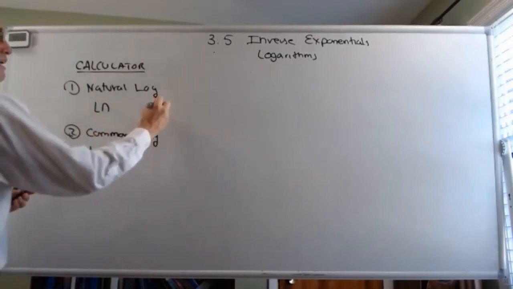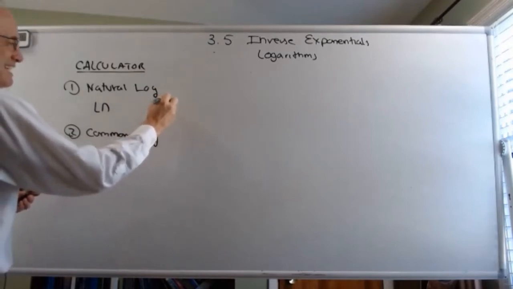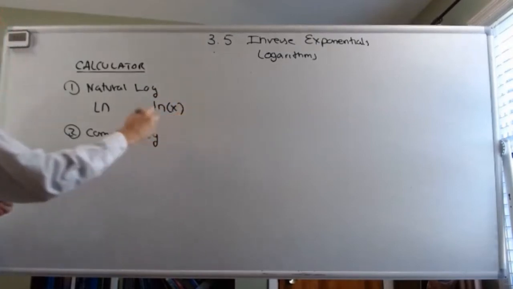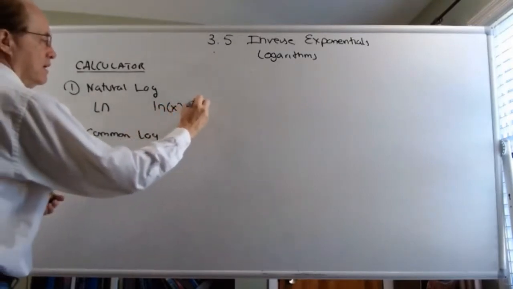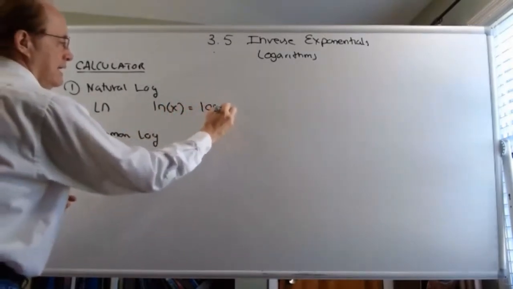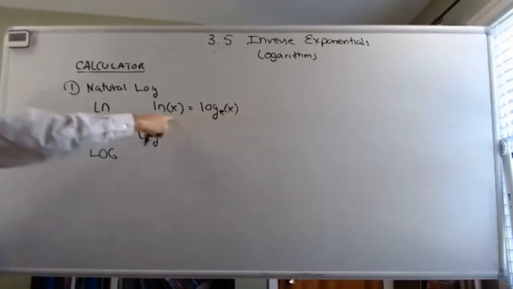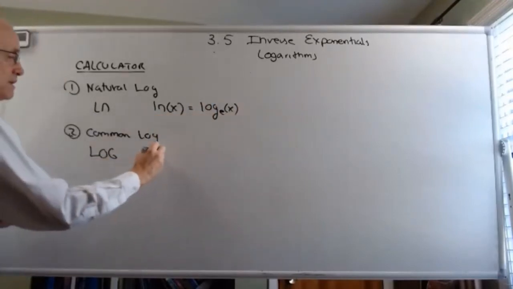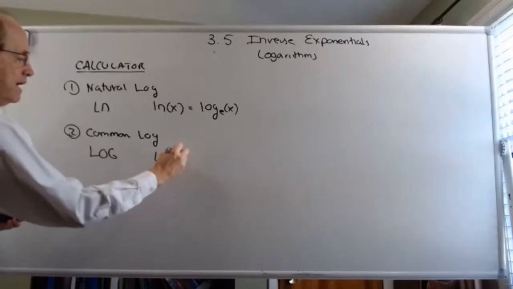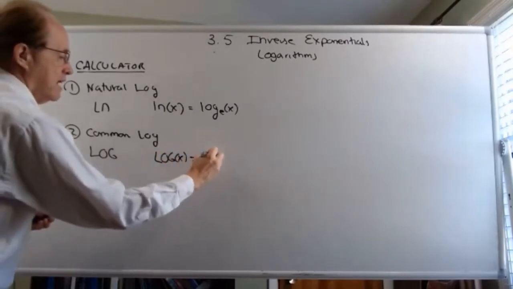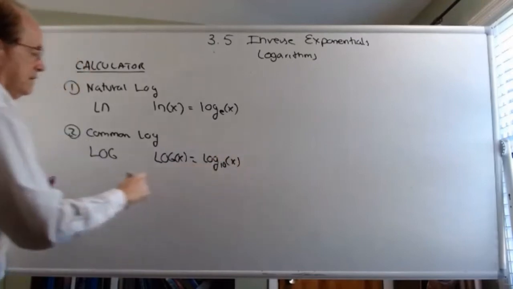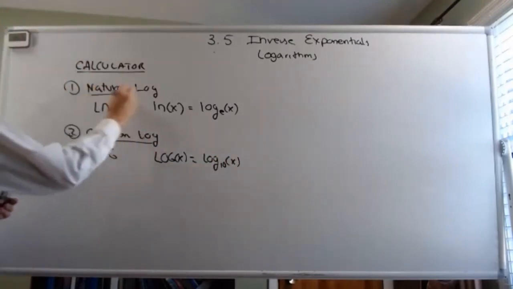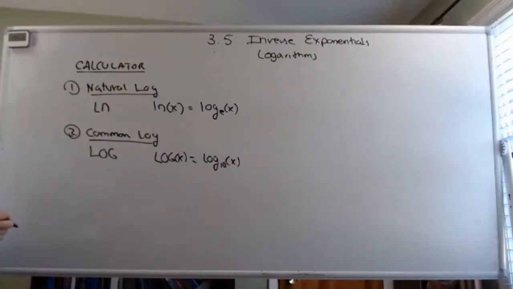That is the natural log, in the base e. So the natural log of x is the log in the base e, but it's written as that. This is the common log, log of x, which is the log in the base 10 of x. Common is base 10, natural is base e. We only have those 2 buttons.